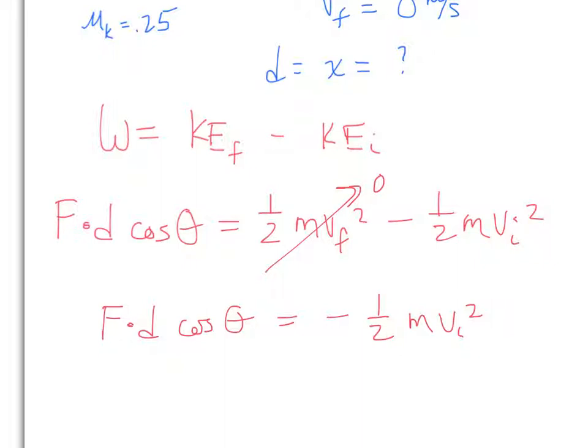What am I looking for, folks? What variable in this entire equation? D. I've got Vi. I've got mass. I have to now think about this. What is providing the work that's slowing you down? Friction.